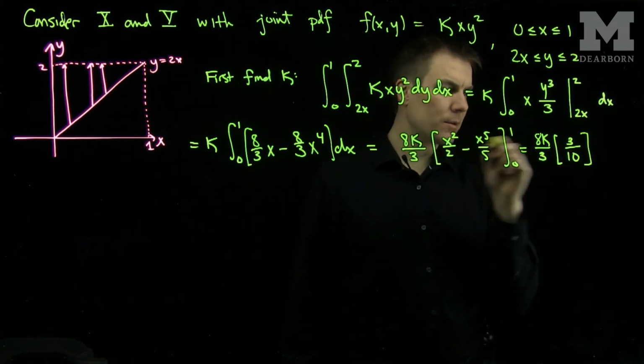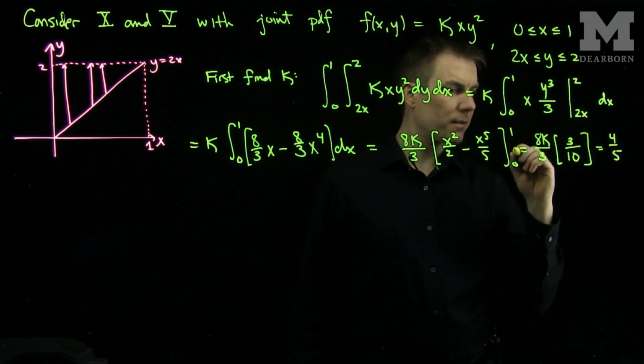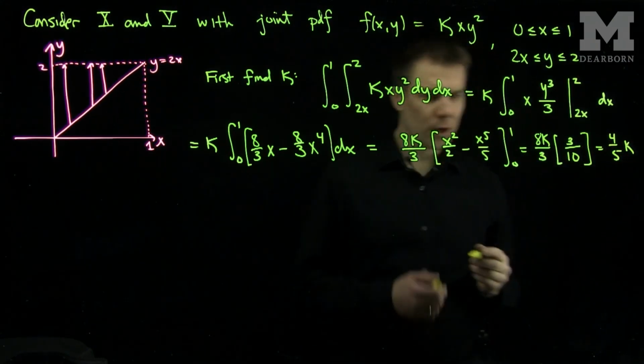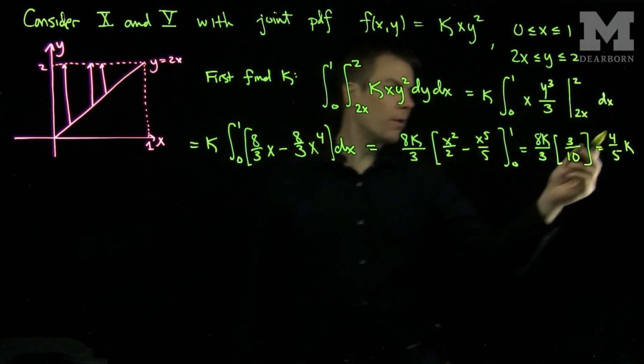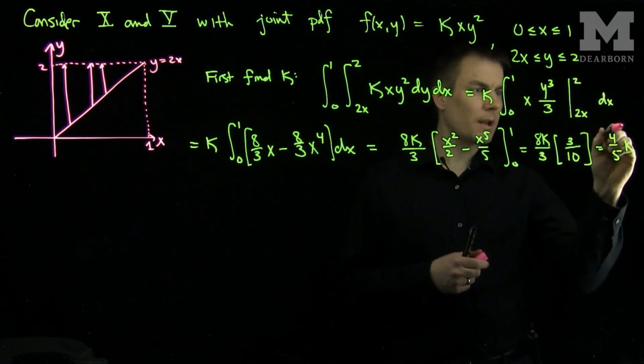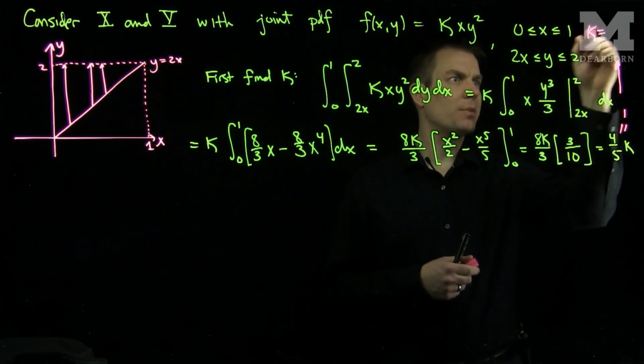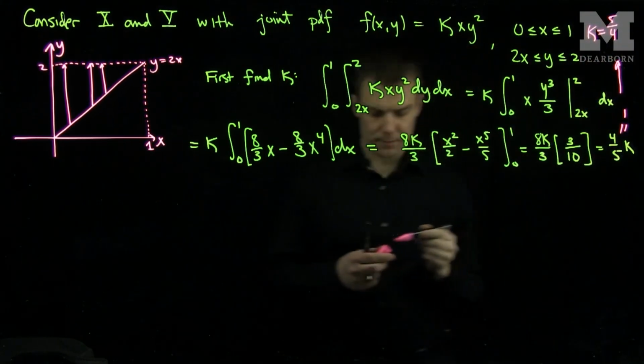The 3's will cancel out, and this will be equal to 4/5 of k. Since it's a PDF, 4/5 of k must be equal to 1. Therefore, the value k in this problem has to be 5/4.